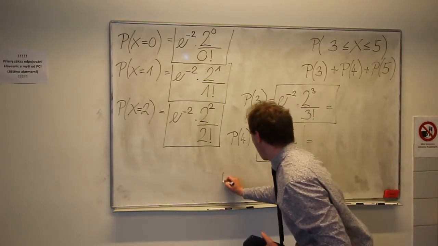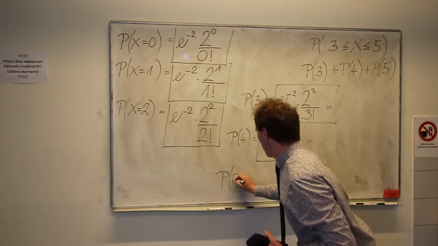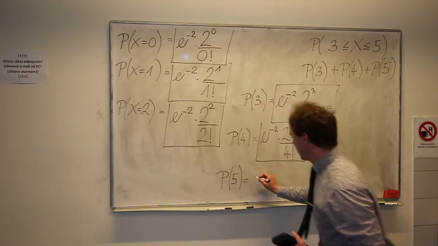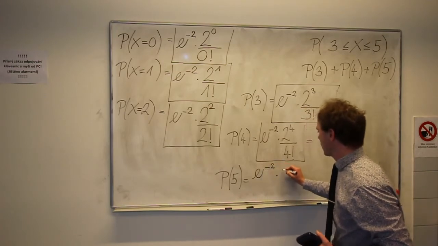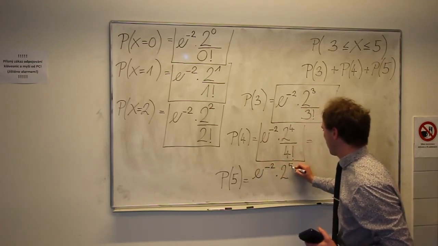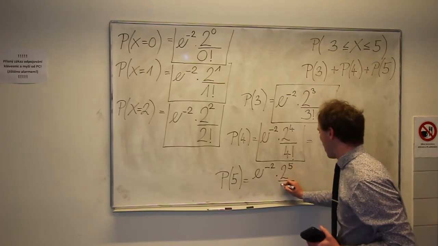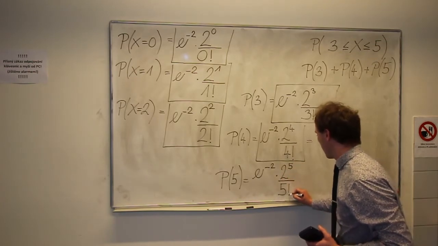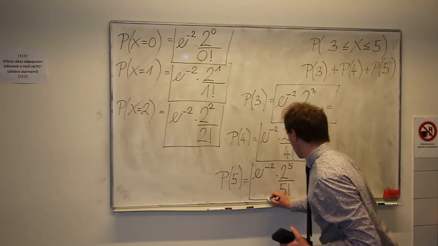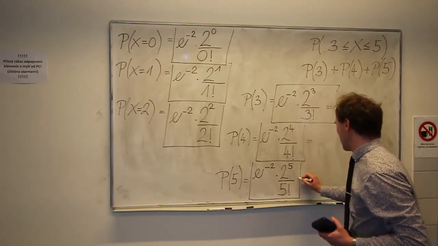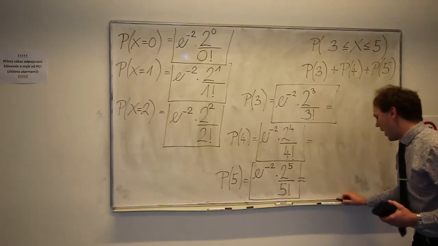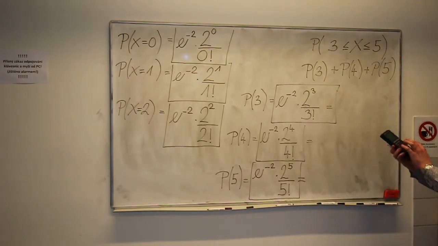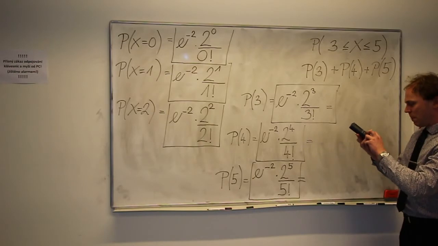And finally, probability that random variable x will be equal to 5. This will be calculated like Euler powered by minus lambda times lambda powered by 5 divided by 5 factorial. Yes, so this is the last calculation, and I can start with this.